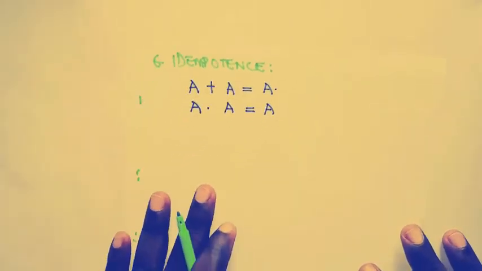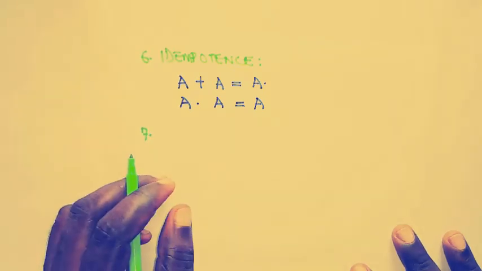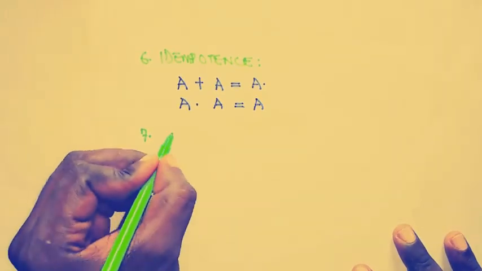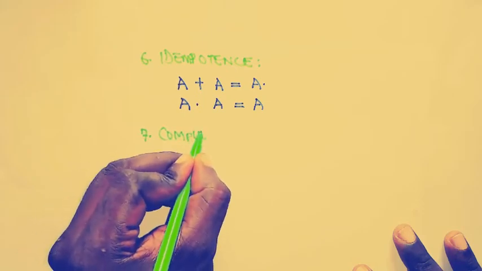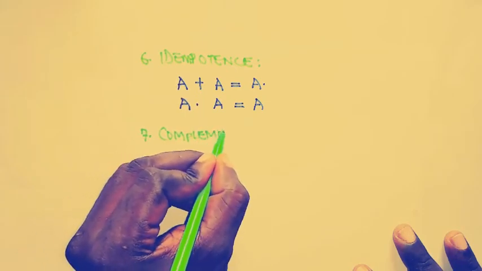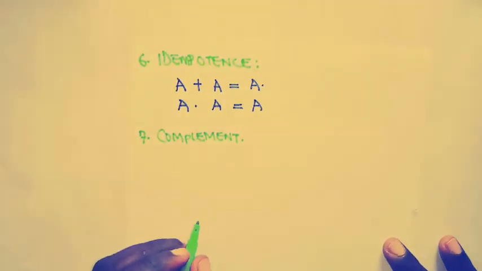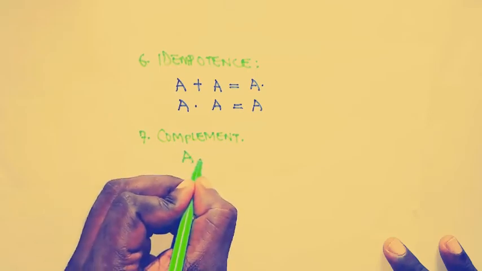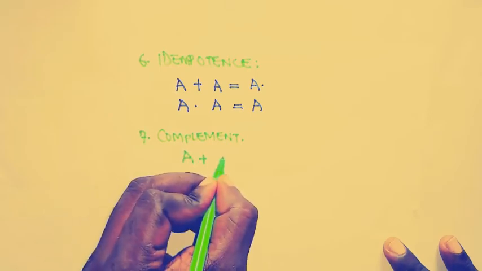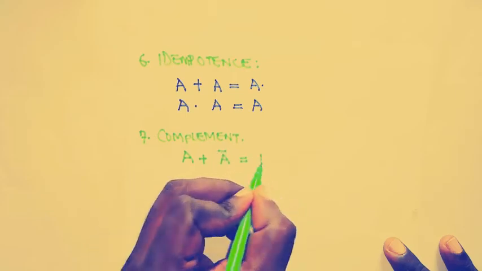The seventh law in Boolean algebra is called the complement law. It says when you have an element A added to the inverse of such element, A bar, it is going to give you 1.